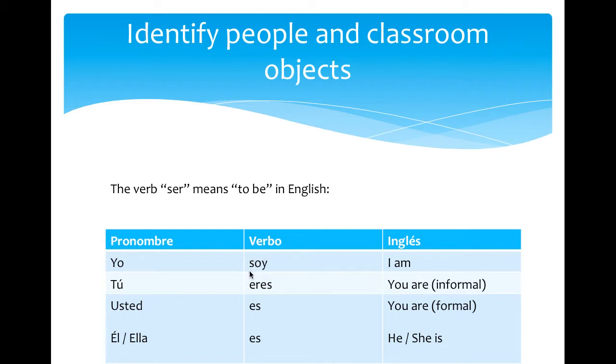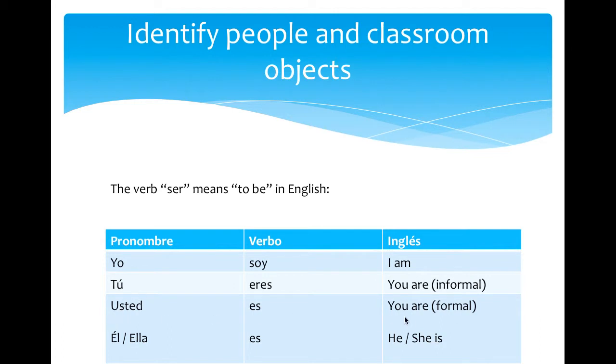And so we have here yo soy, which refers to I am. Tú eres, you are. And you say this in an informal way to a friend, to a colleague you're on close terms with, to a girlfriend or boyfriend, to a parent. Usted es, you are.